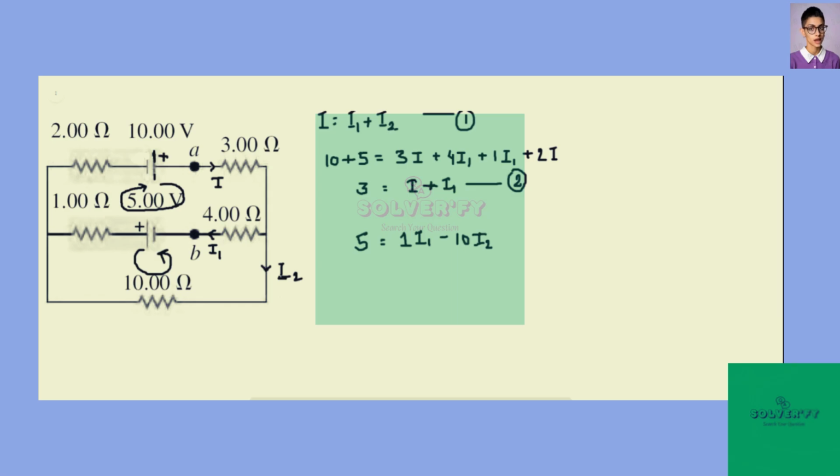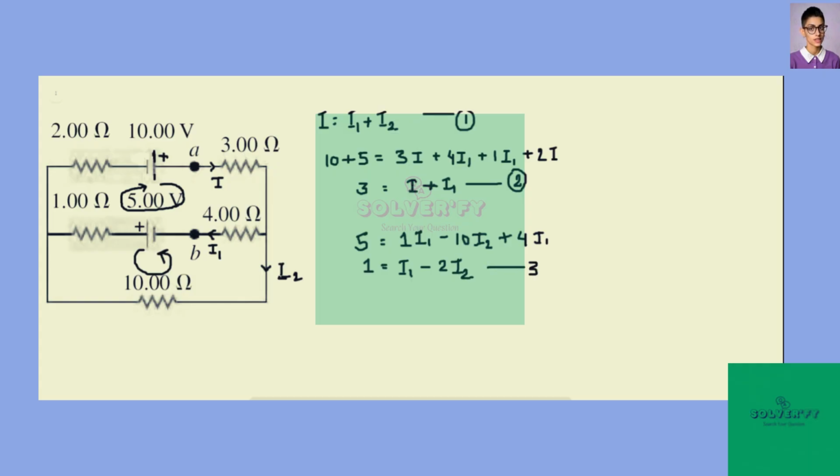And there is another resistor of 4 ohms with current along the loop, so positive 4 I1, right? So from this we get 1 equals 5 minus 10, so 1 equals I1 minus 2 times I2. So this is the third equation.